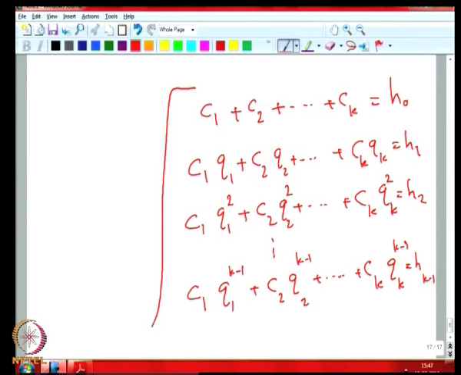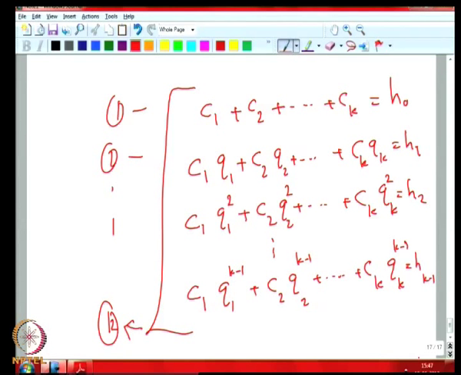So we want to find values for C1, C2, Ck such that all these equations are satisfied. This is the first equation, this is the second equation, so these are the k equations. Is it possible always? Then we say that it is a general solution.